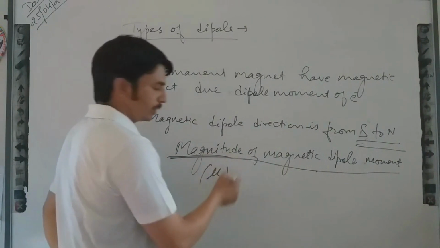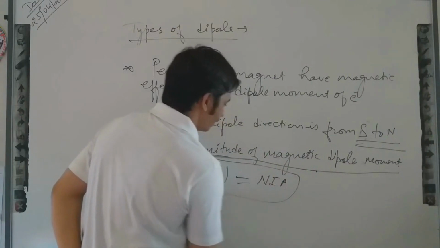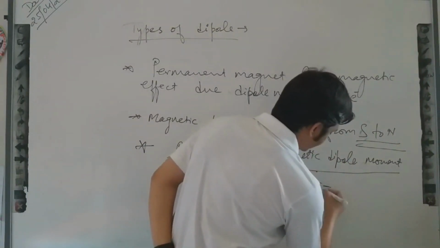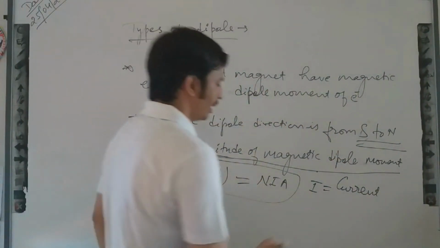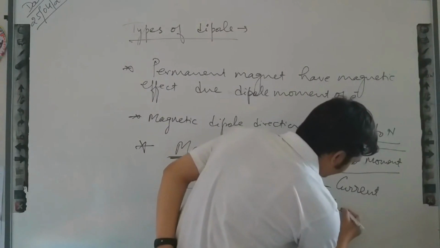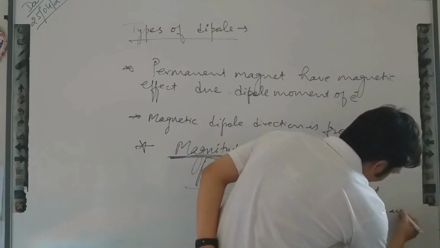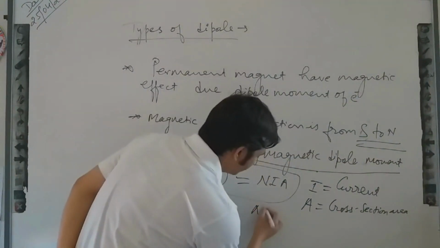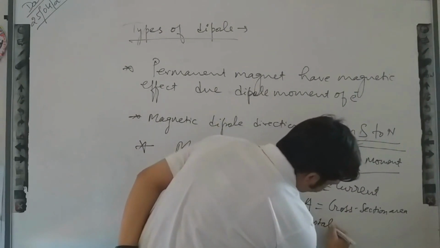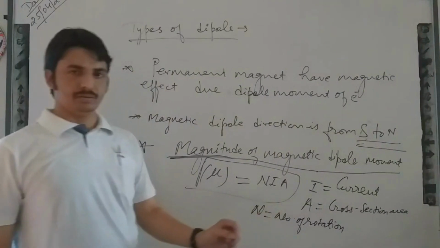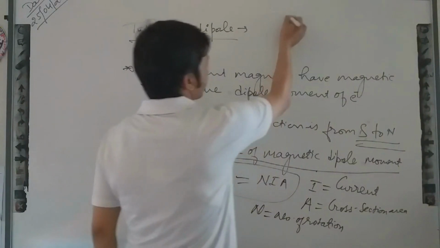What will mu be? Mu will be equal to NIA, where I is the amount of current that moves in a circular loop, A is the cross section area, and n is the number of rotations taken by the electron.